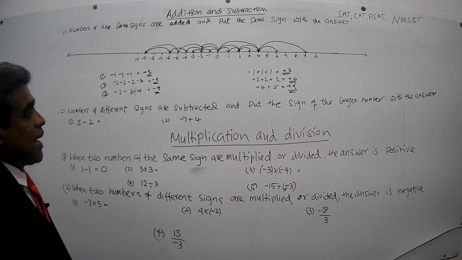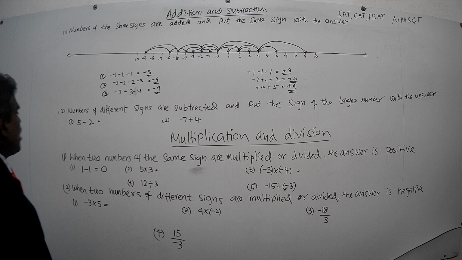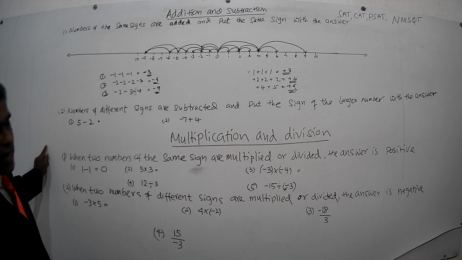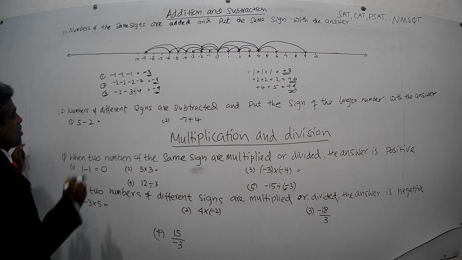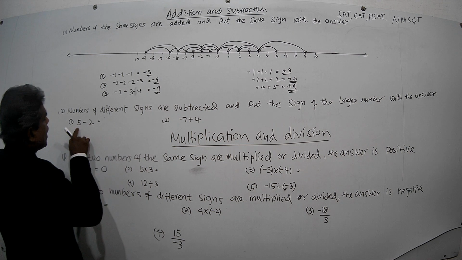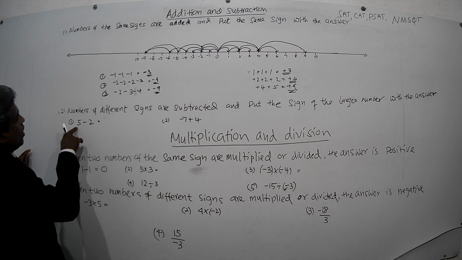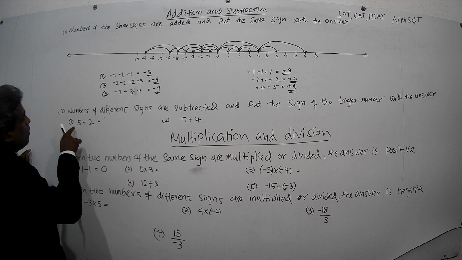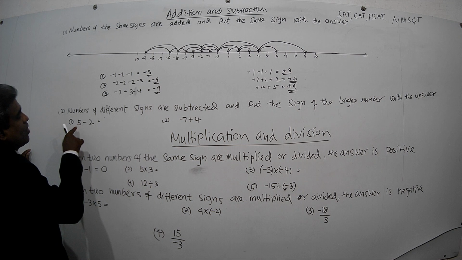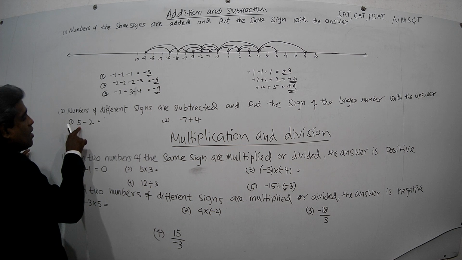Now see how it comes. Now here, 5 minus 2. You get the first example. 5 minus 2. We can do this like this. You can write this 5 as plus 3 plus 2, like this.